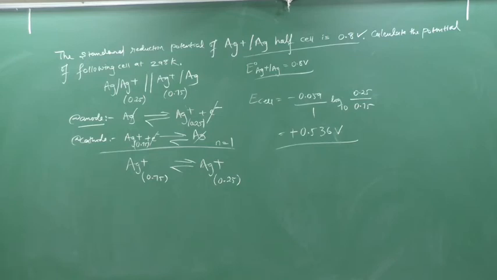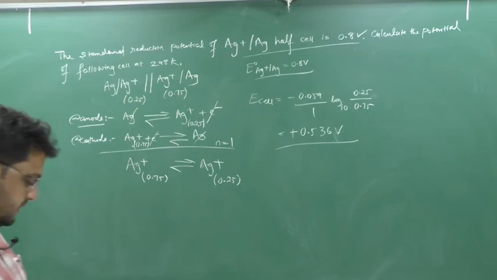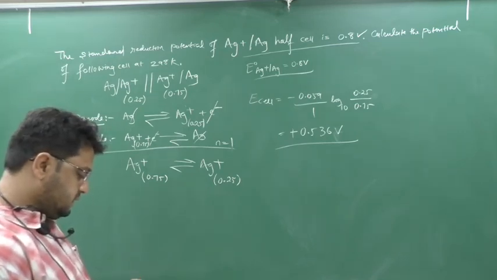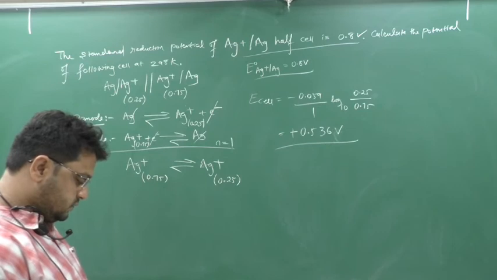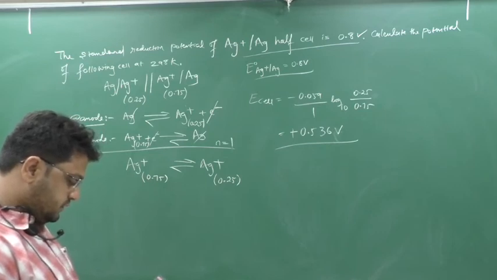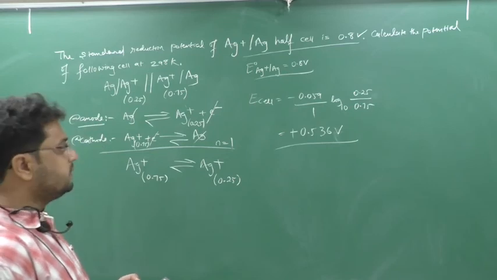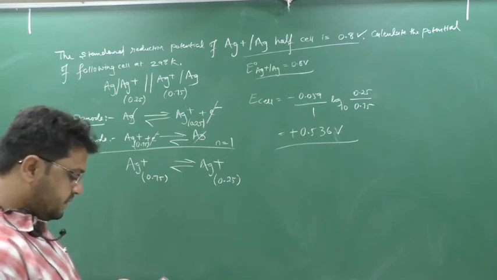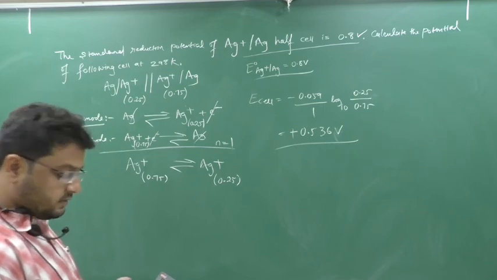Are you sure this answer is coming? No, some mistake is there. 0.25 divided by 0.75 is 0.33, log of that is minus 0.477, multiplied by 0.059.